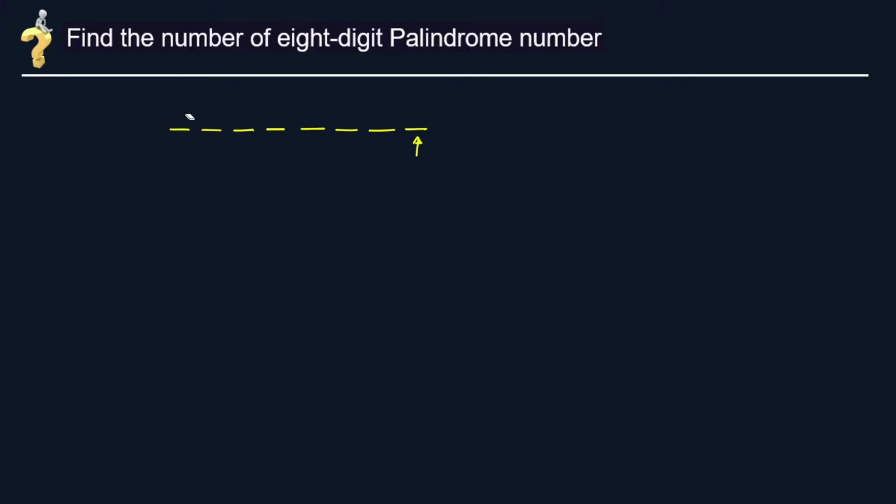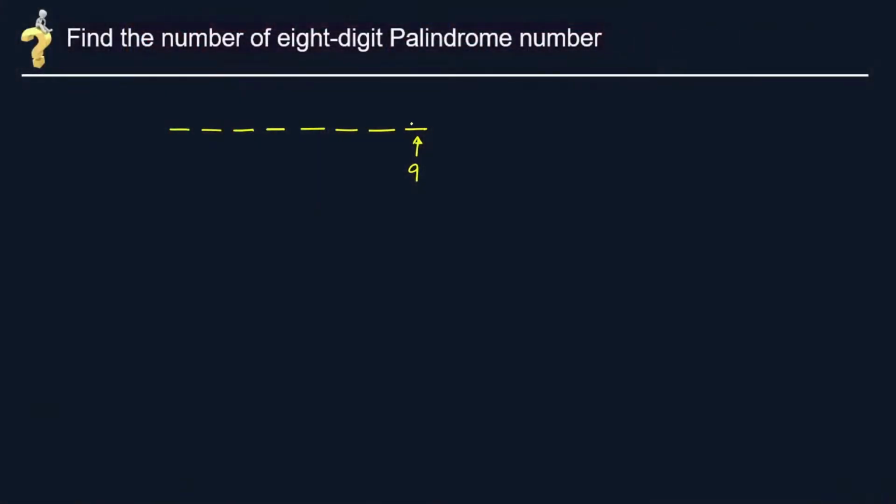So the last place will not be filled in 10 different ways. Rather, it will be filled in 9 different ways. Any of the 9 digits can be used here. 0 is not included. I have explained why it is so. So any of 9 digits can fill the last place of an 8-digit palindromic number, right?